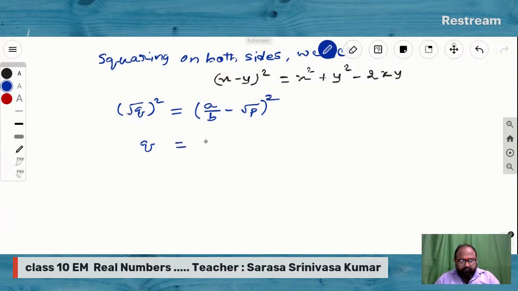This is equal to a by b whole square plus square root of p whole square minus 2 multiplied by a by b multiplied by square root of p.